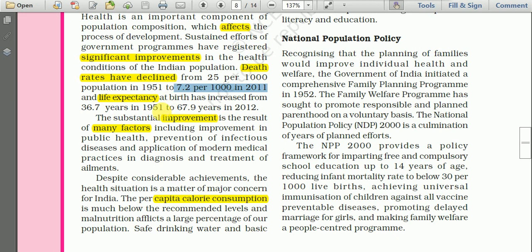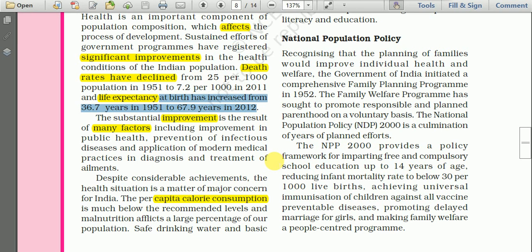Okay, the death rate is declining, and the life expectancy at birth has increased from 36.7 years in 1951 to 67.9 years in 2012. Life expectancy is actually the expected time to live by a person.